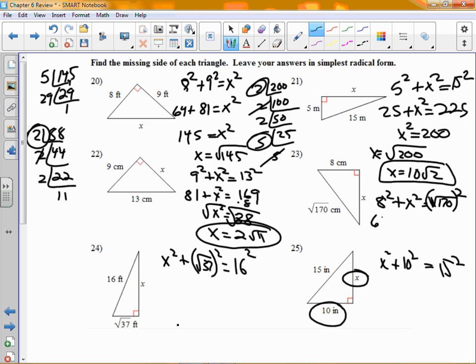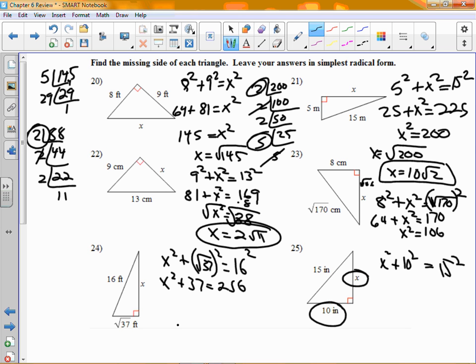64 plus x squared equals 170. So x squared equals 106. If x squared is 106, x is the square root of 106. X squared plus 37 equals 256.